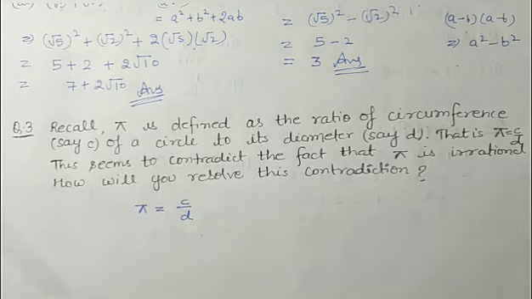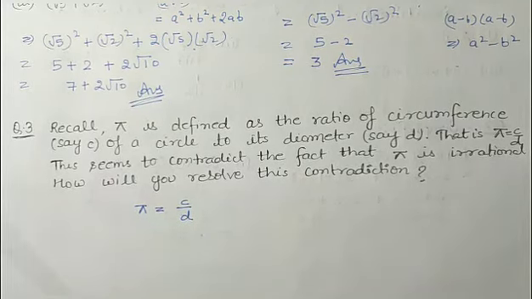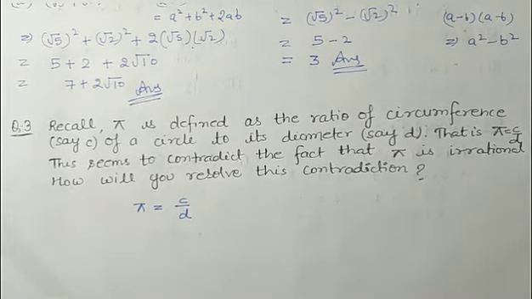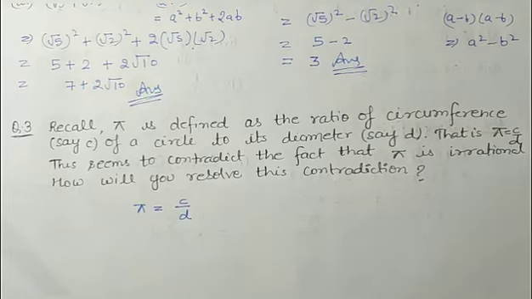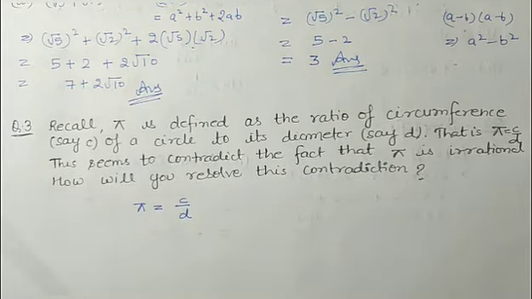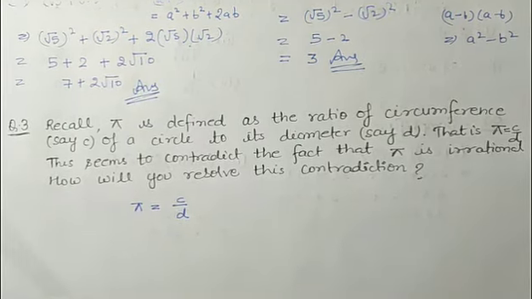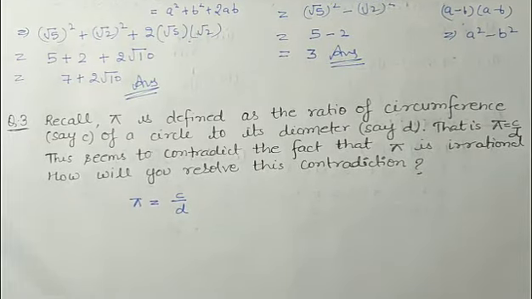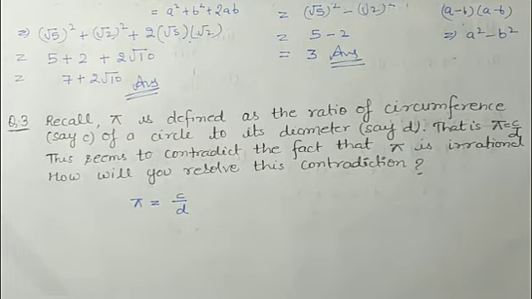If you measure any distance by a scale or whatever object you are having, you will never get the exact result. You will always have some minor errors. No measurements are accurate.